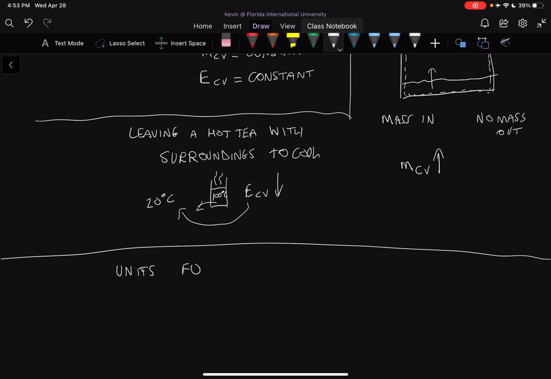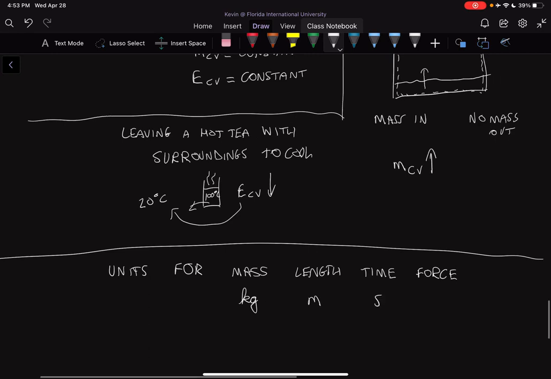So we have units for mass, length, time, and force that are going to be extremely important throughout. And mass will be done in kilograms, of course, as our SI. Length is in meters, time will be in seconds, and force will be in newtons.